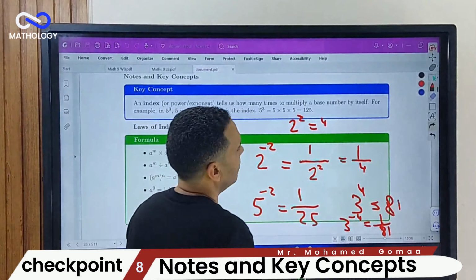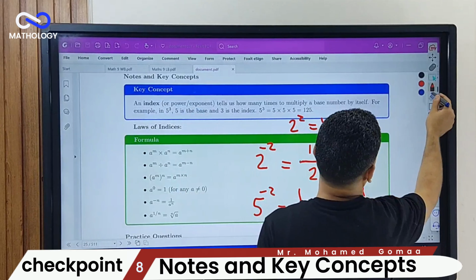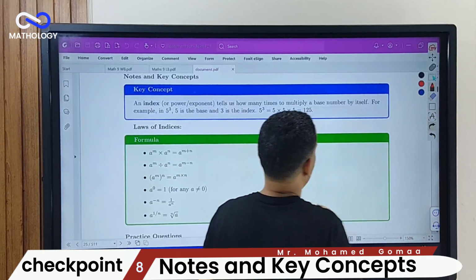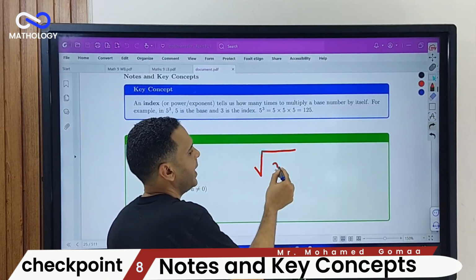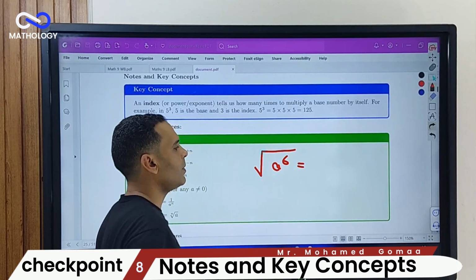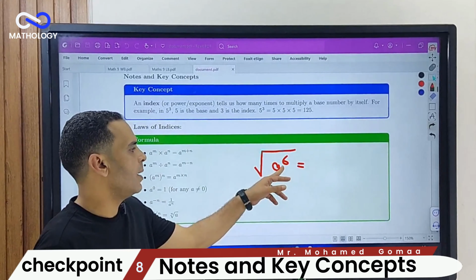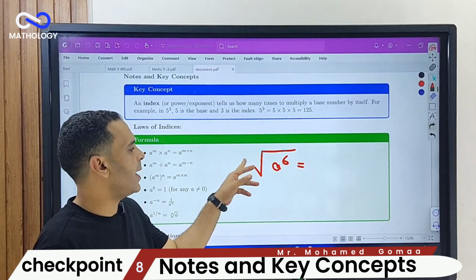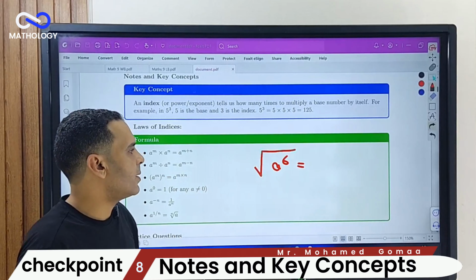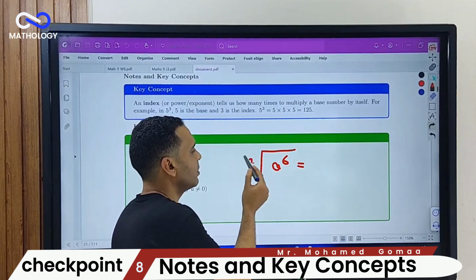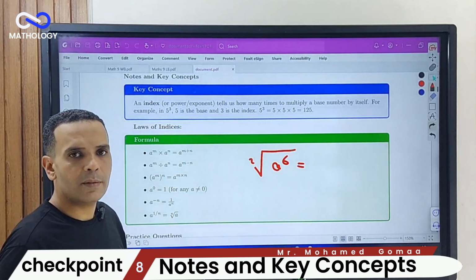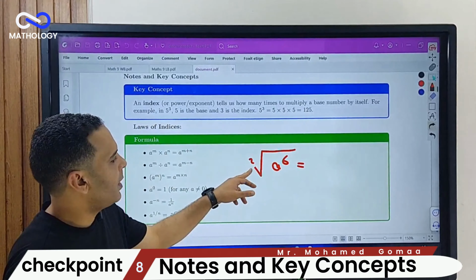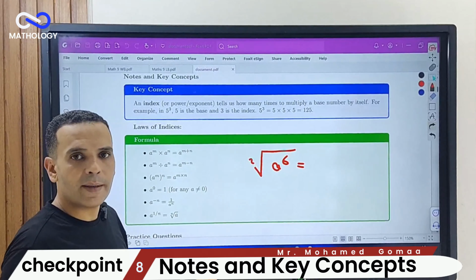The square root of any number, like this one, the square root of a power 6: you have to divide the inner power by the index. You know that for the square root we have 2 as the index, but we don't write it.